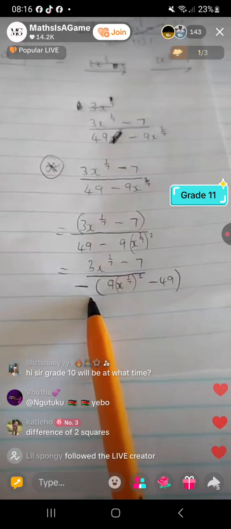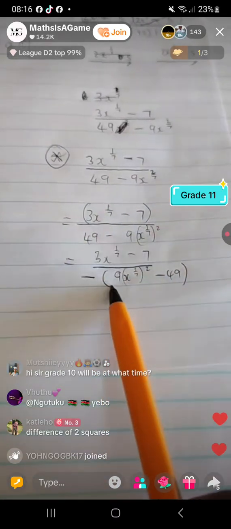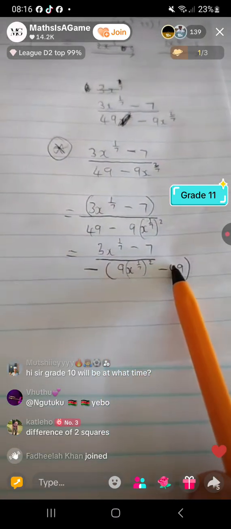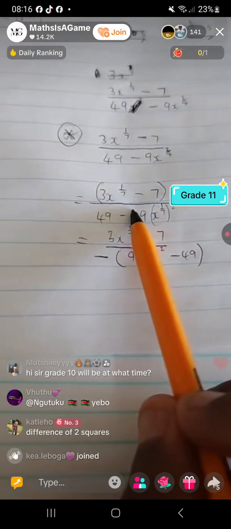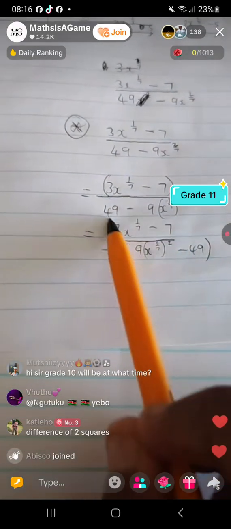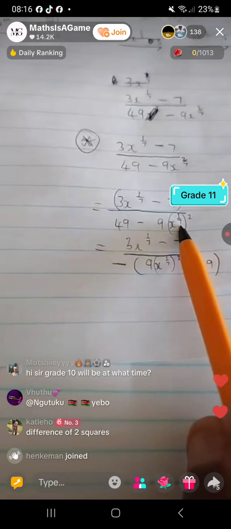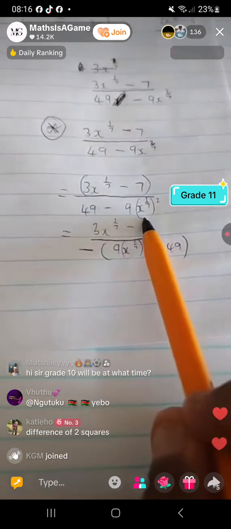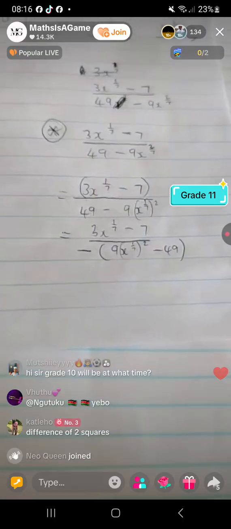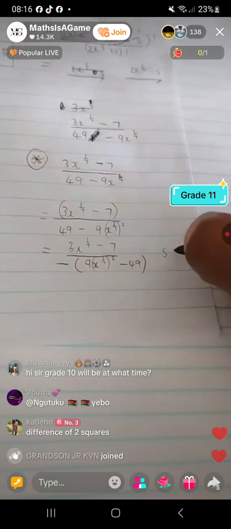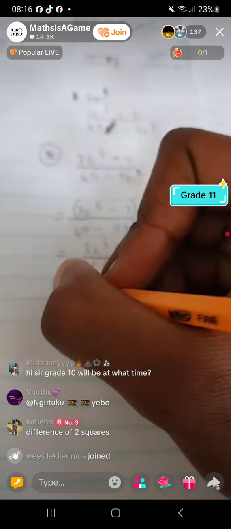Take out the negative 9. That allows me to then write 9 as positive and 49 as negative. The sign in between is still there, but I'm just going to switch around. Negative times that gives me that back. Negative times the negative 49 gives me back the positive 49. So really the sign change rule there, it worked.